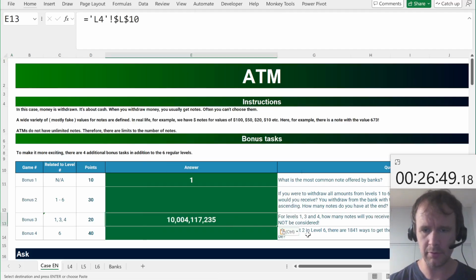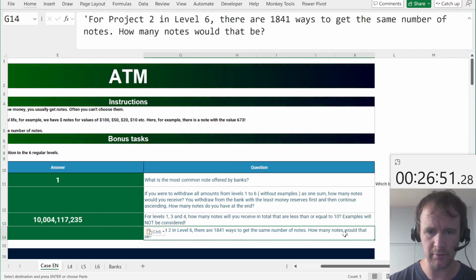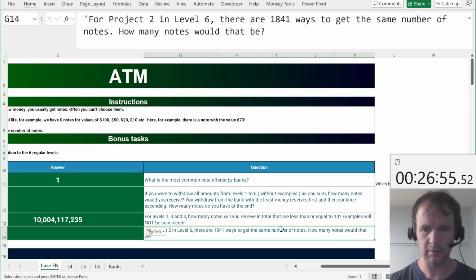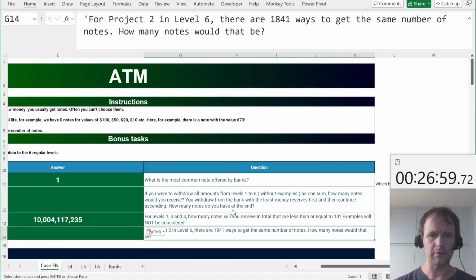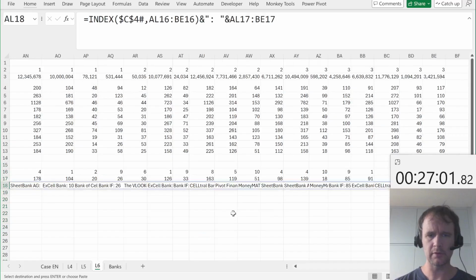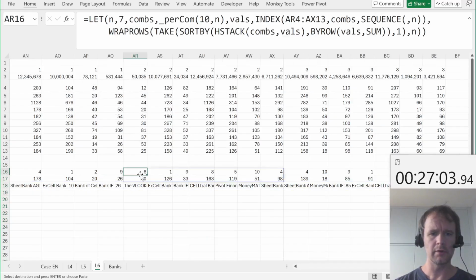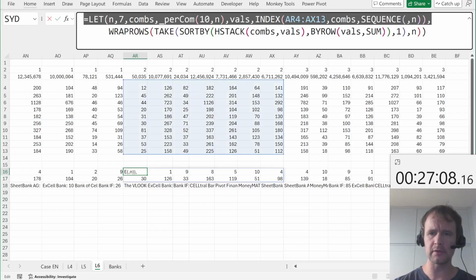All right, for project 2 in level 6, there are 1841 ways to get the same number of banknotes. How many notes would that be? Okay, so, sorry, for project 2, here, go as far as vowels.